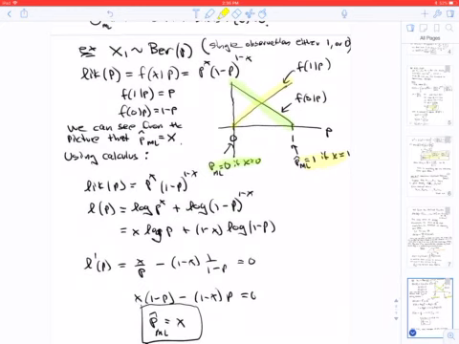So we ended class with just a really simple example. I have a single data point, single observation. Let x be Bernoulli p. So x just takes two values, 0 or 1. And my likelihood as a function of p now is p to the x times 1 minus p to the 1 minus x.